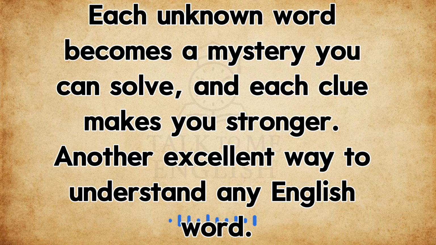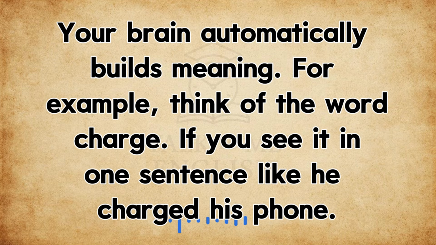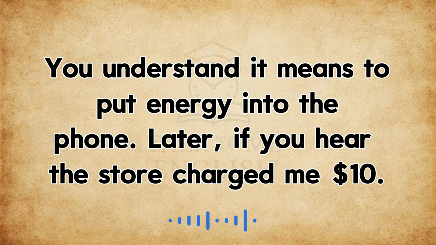Another excellent way to understand any English word without a dictionary is through repetition in different situations. When you meet the same word in several contexts, your brain automatically builds meaning. For example, think of the word charge. If you see it in one sentence like he charged his phone, you understand it means to put energy into the phone.